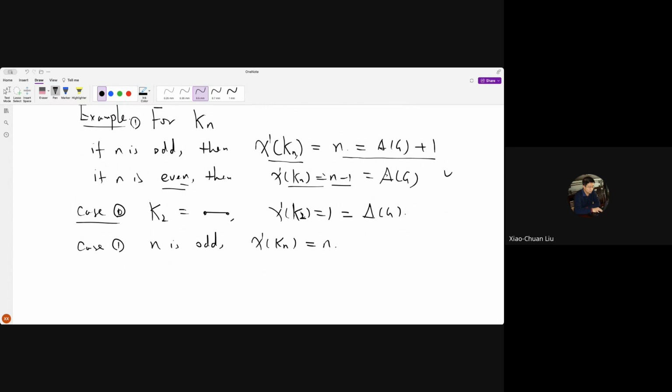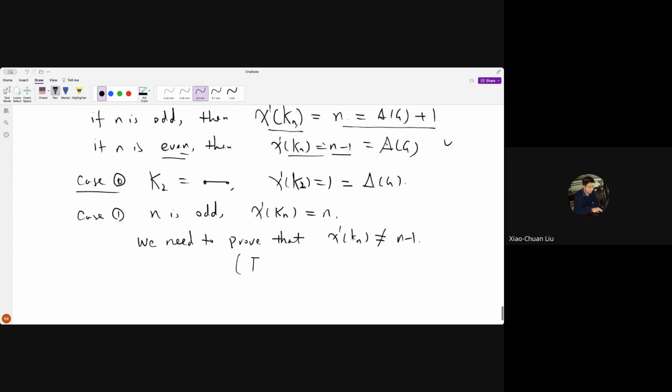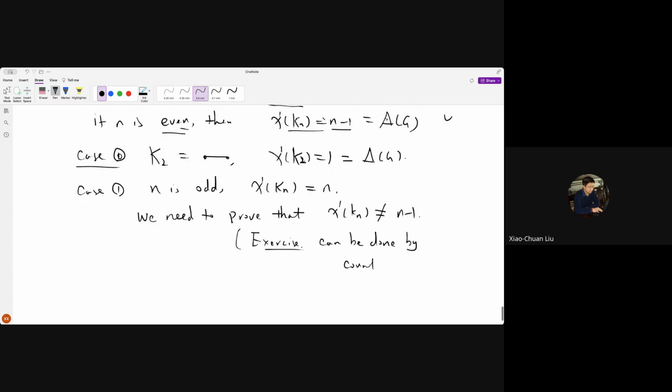Because we know that it's either n minus 1 or n, we need to prove that this cannot be n minus 1. I don't want to show this, so I leave this as an exercise. It can be done by counting edges. It's very interesting, and not very difficult.